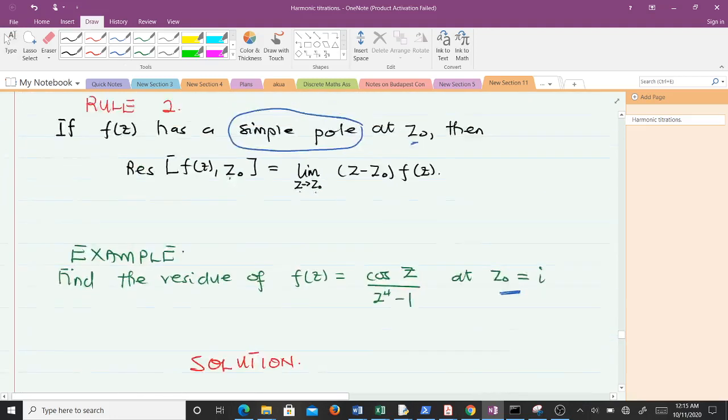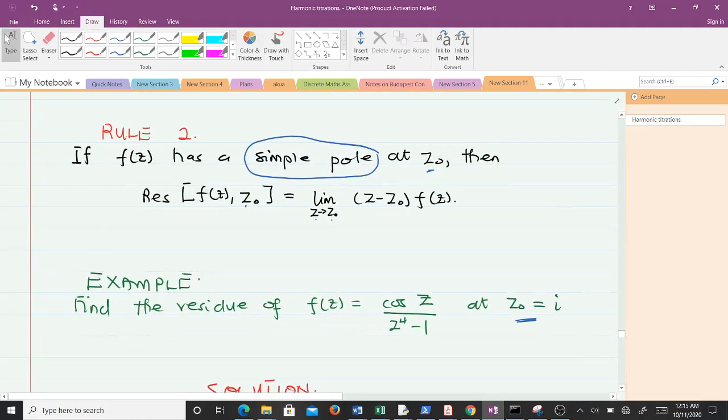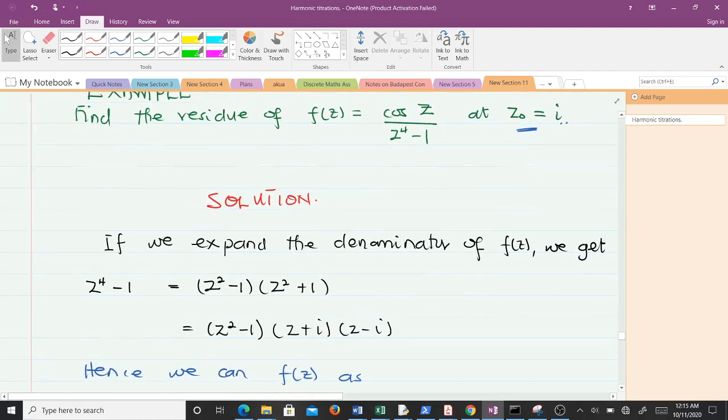So the first thing that we have to check is whether i here is a simple pole or not. Before we can do that, we have to expand the denominator of f of z. Expanding the denominator gives us what we have here, and this can further be broken down to what we have here.